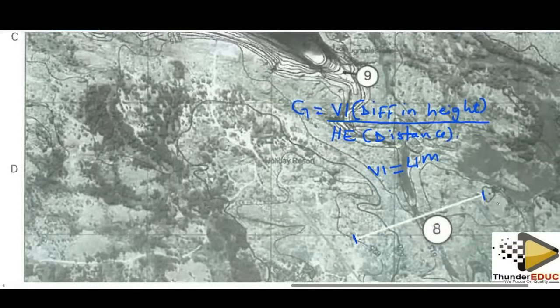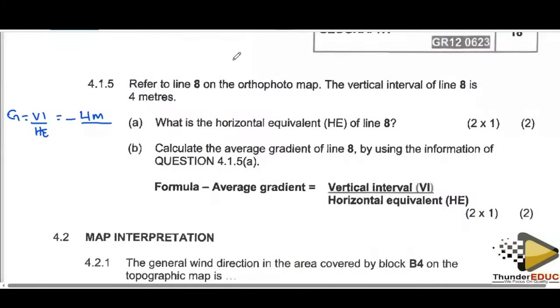So let's say 5.3 centimeters. Use a ruler to measure from here to this point. So let's say we got 5.3 centimeters. But remember, in a gradient, everything has to be in meters.